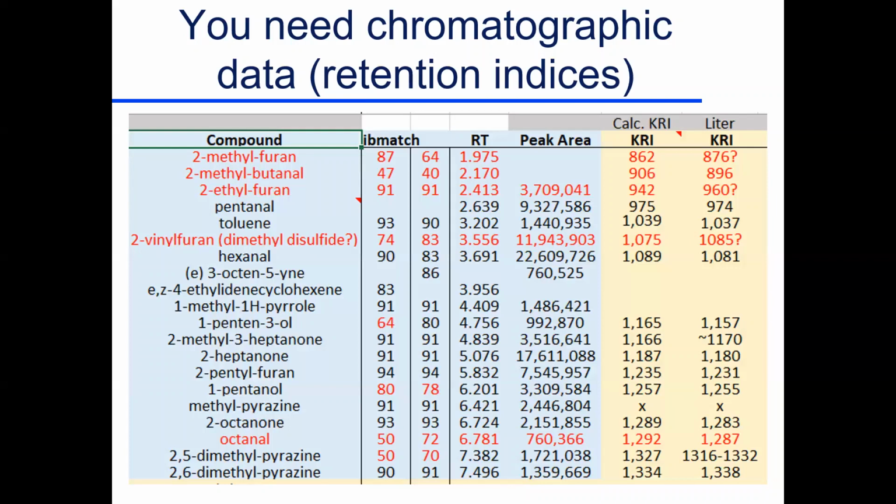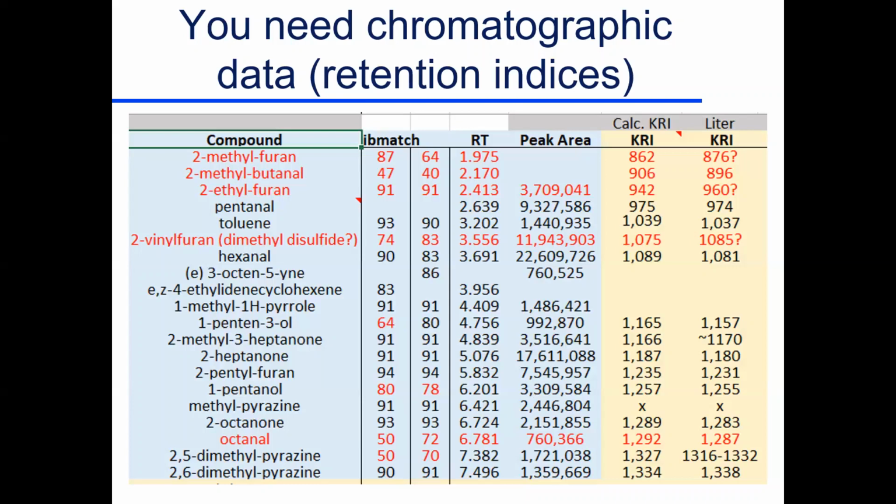Those numbers are published from other people's work. You see them in the literature, and you can get numbers from the literature. So it translates what you do here to what somebody does in China and somebody does any place else in the world. So you take a look at the numbers from the literature, so 876, that's 862.